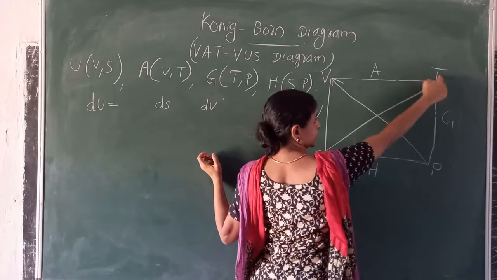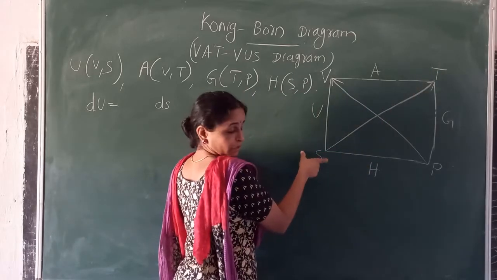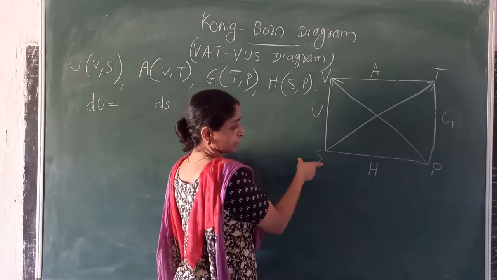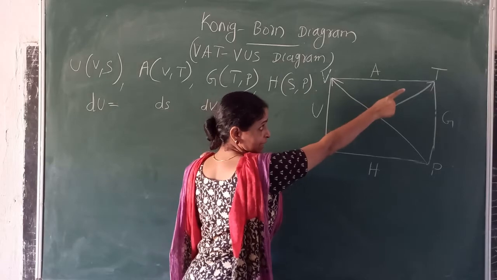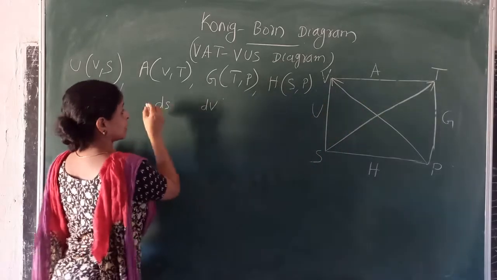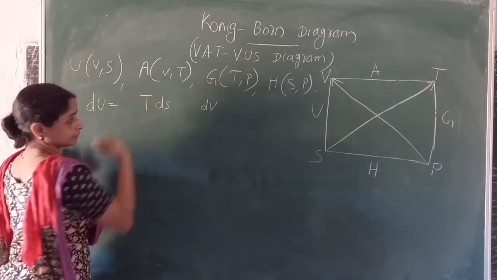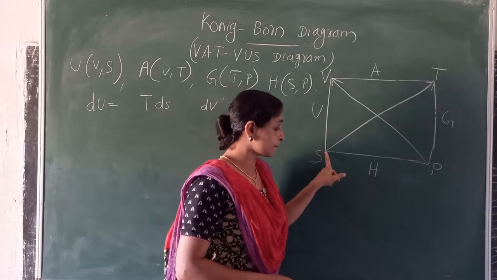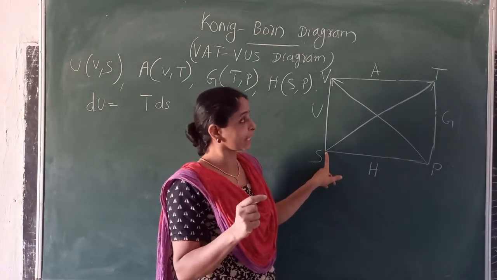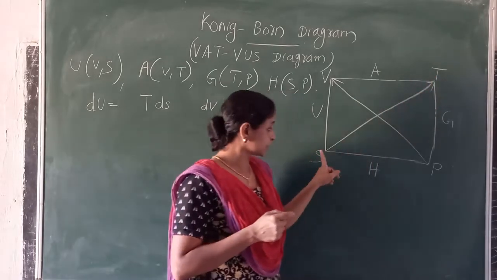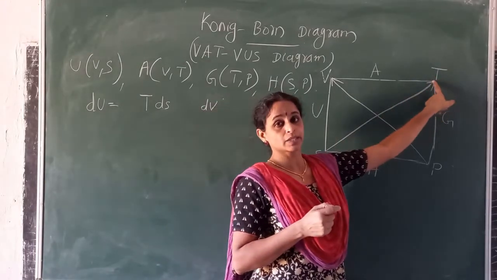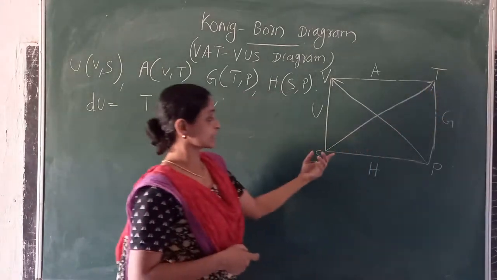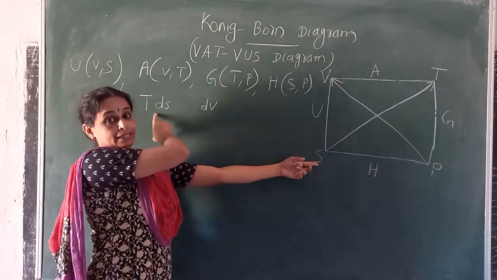S connects to T. So we can write the coefficient of dS by observing the conjugate coordinate, that is T. So for dS, the coefficient should be T. Each coordinate is connecting from the differential coordinate to the conjugate coordinate, here from S to T, so we can write dS with T.